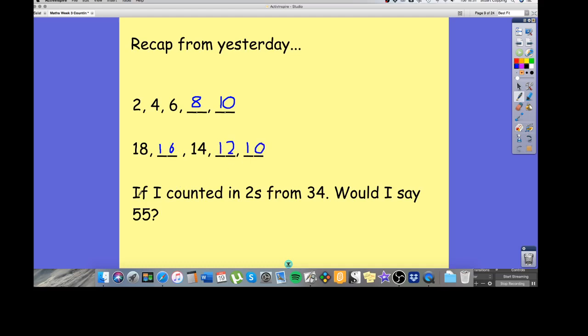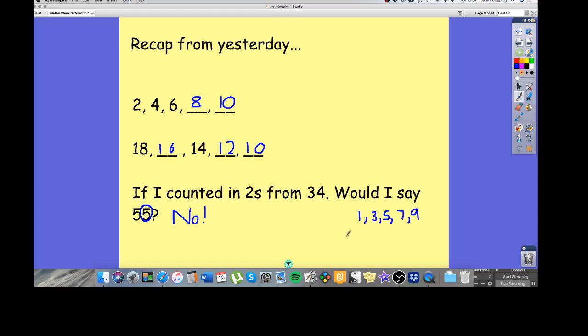The third question, if I counted in 2s from 34, would I say 55? The answer is no. And the reason is because of this number here. A 5 is an odd number, and when we're counting in 2s, we do not say odd numbers, or any number for that matter, ending in 1, 3, 5, 7, and 9.